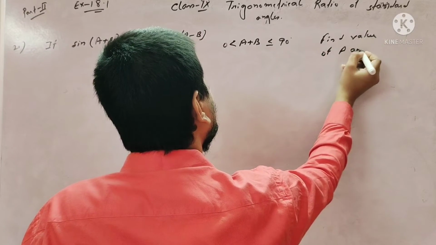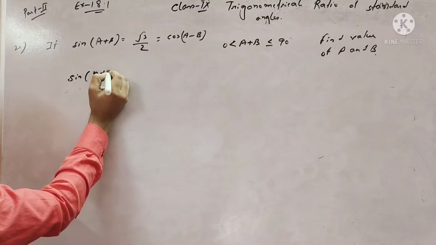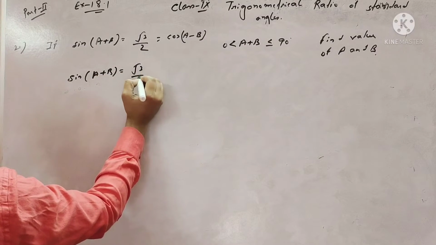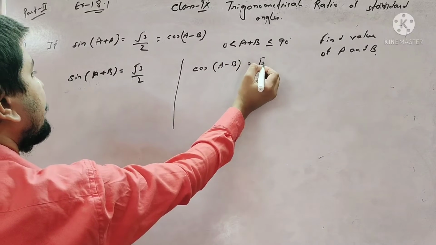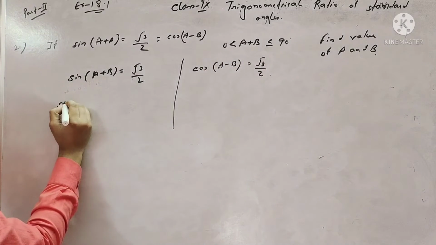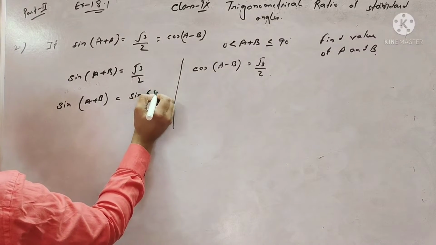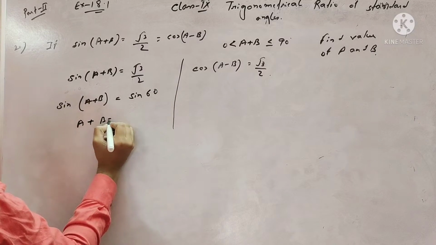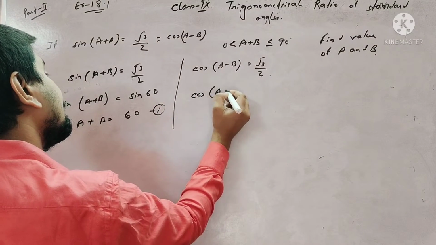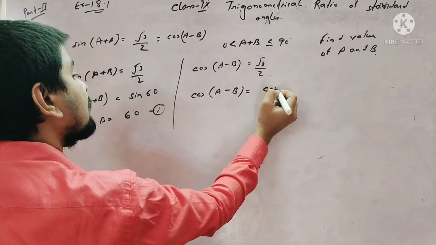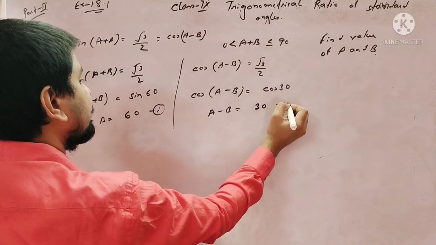So sine a plus b equals root 3 by 2 given, and cos a minus b equals root 3 by 2 given. So sine a plus b root 3 by 2, that means sine 60. So sine cancel, a plus b equals 60 degree. This is our equation 1. Cos a minus b root 3 by 2 value is cos 30. So cos cancel, a minus b equals 30 degree. Equation 2.